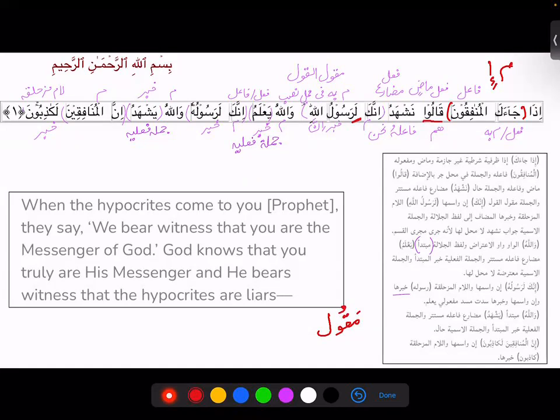Because it all is the fa'il after that. Where the conversation is, for example, the conversation is up till here, their words are up till here. So wherever the conversation or the subject is stopping, we need to stop over there. Now, wallahu ya'lamun, this is a separate sentence.